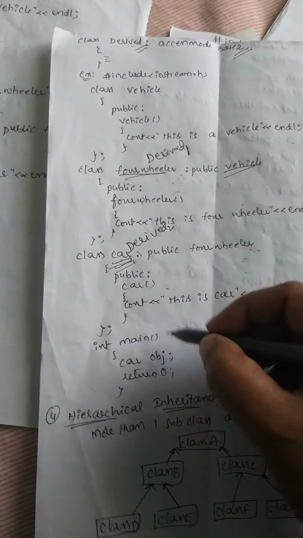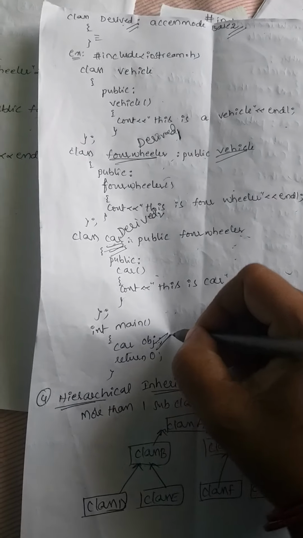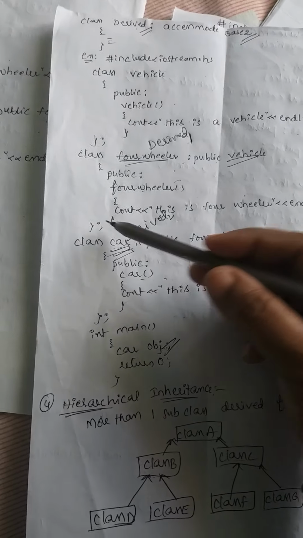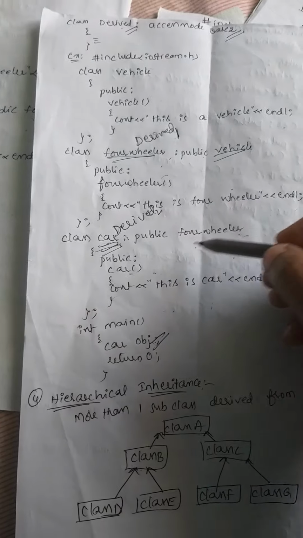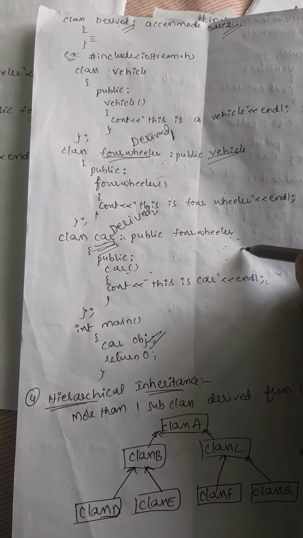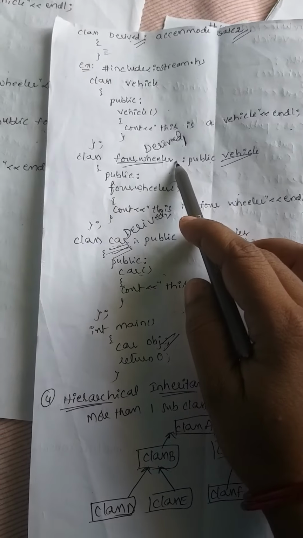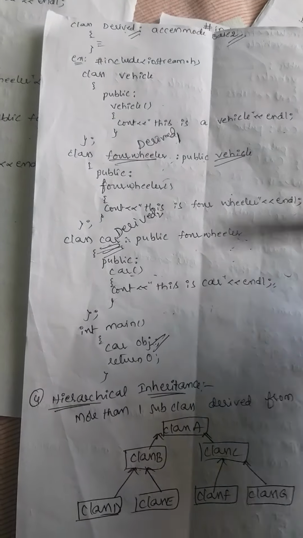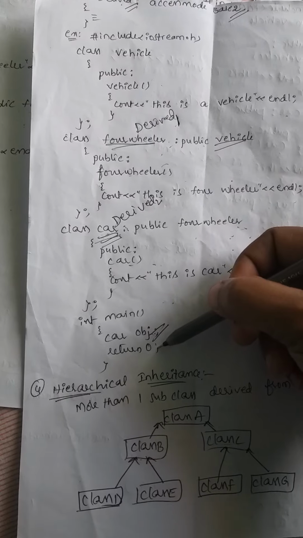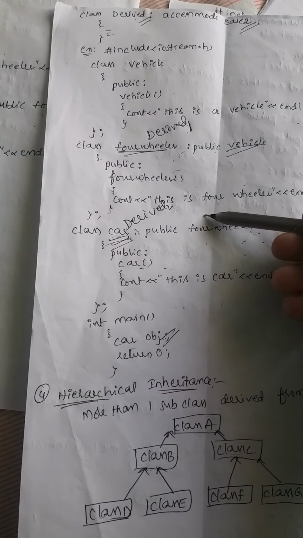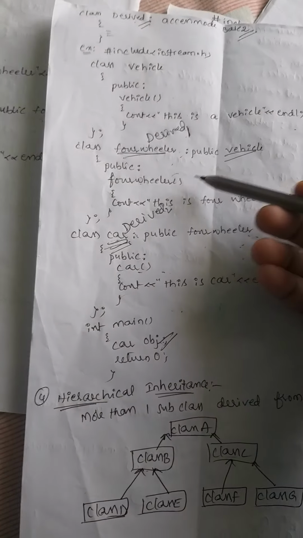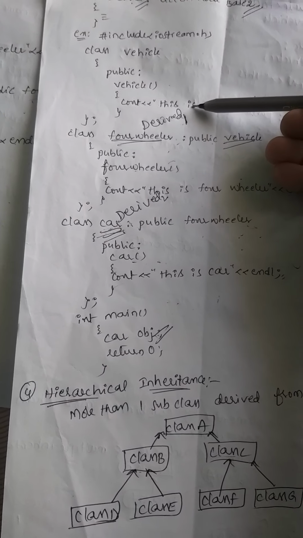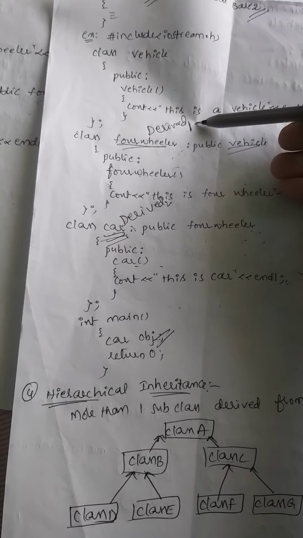Whenever the object of car is created, it automatically invokes its constructor, but this class is inherited from the four-wheeler class, and the four-wheeler class is inherited from the vehicle class. So it automatically invokes the four-wheeler class and then the vehicle class.